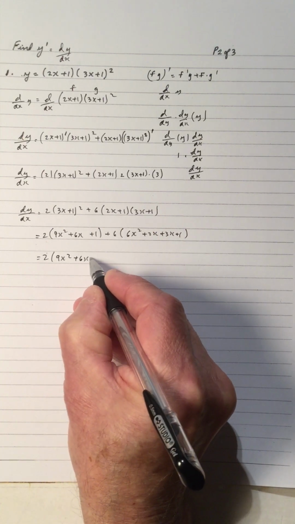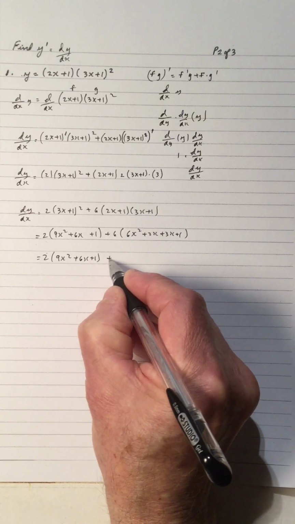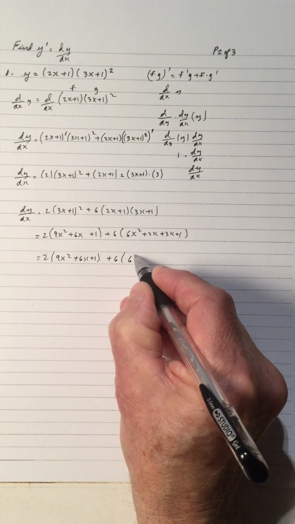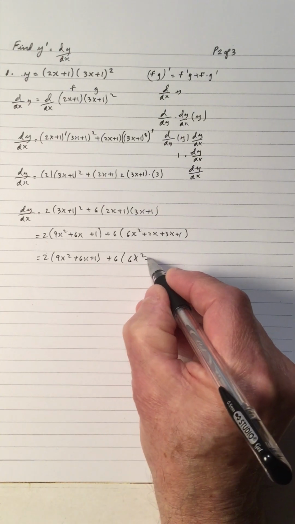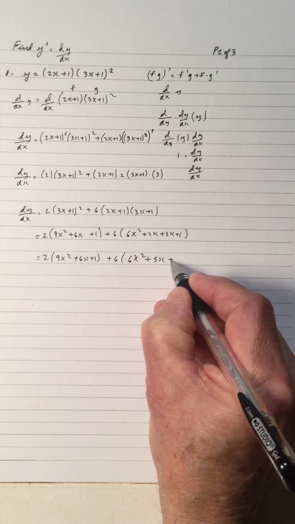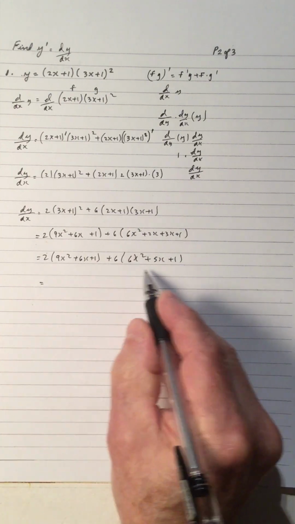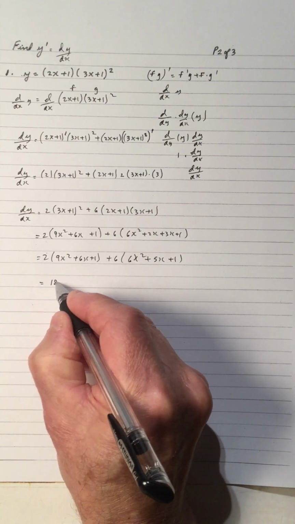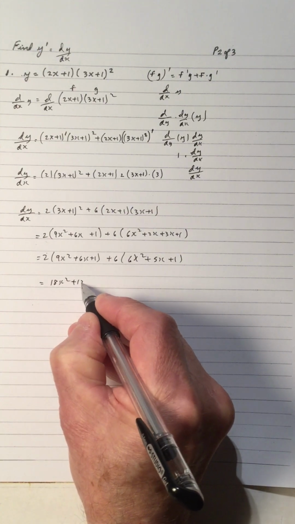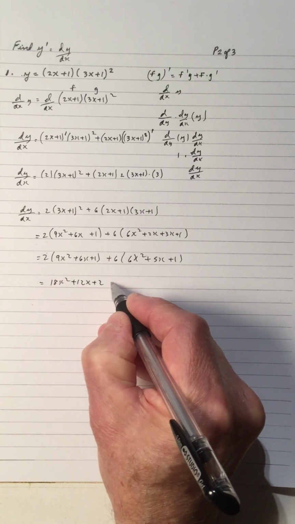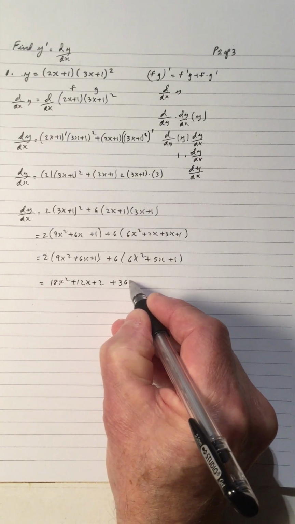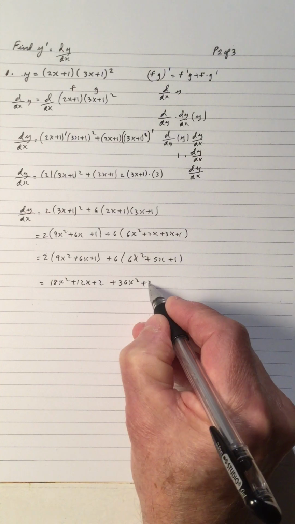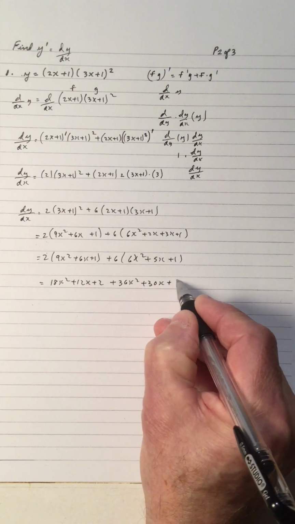If you simplify your brackets, it makes it easier when you do your math. So 6x squared plus 5x plus 1. Now we have the inside simplified. So we multiply, we get 18x squared plus 12x plus 2. And we get 36x squared plus 30x plus 6.